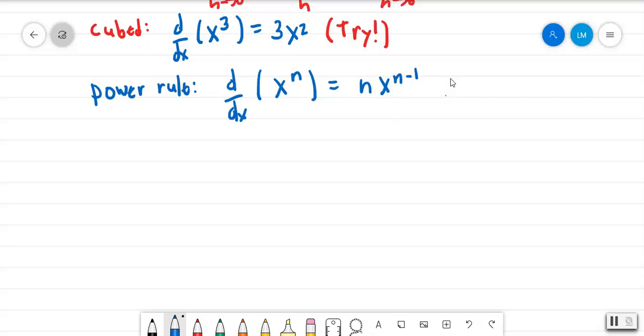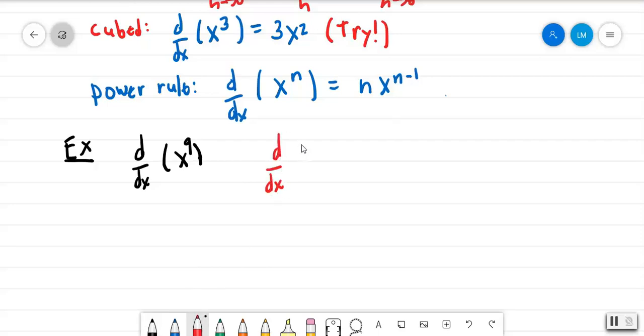Okay, so for example, we can say that if we want to find the derivative of x to the 9, well, according to the power rule, we just need to pull the power to the front.